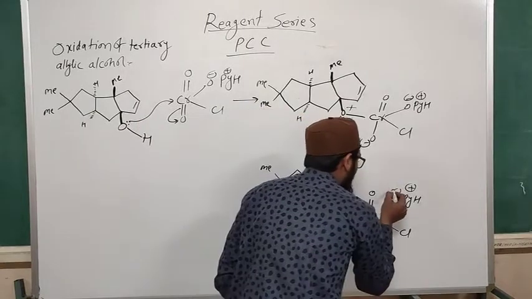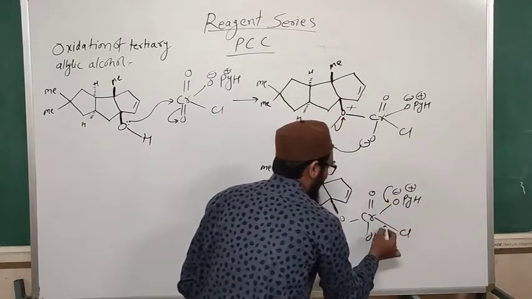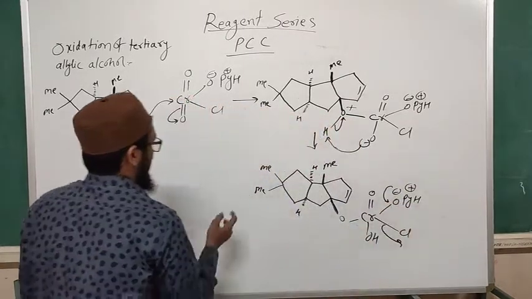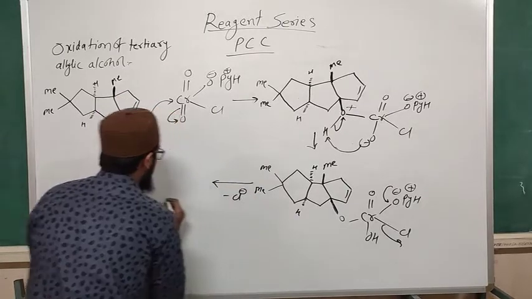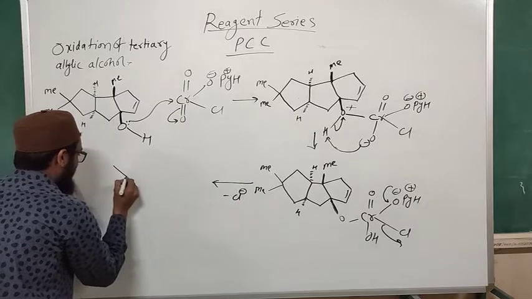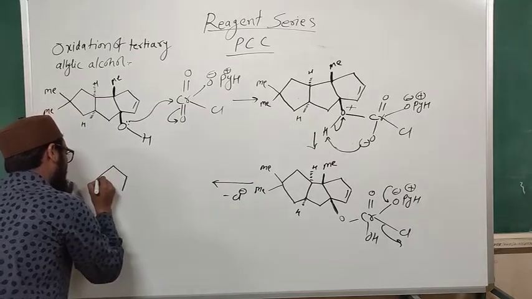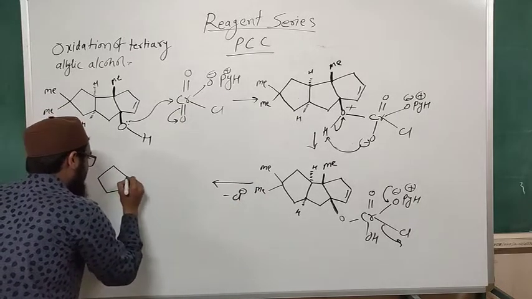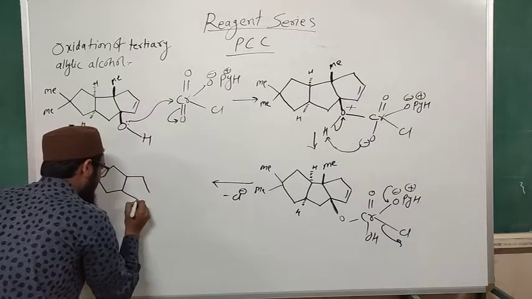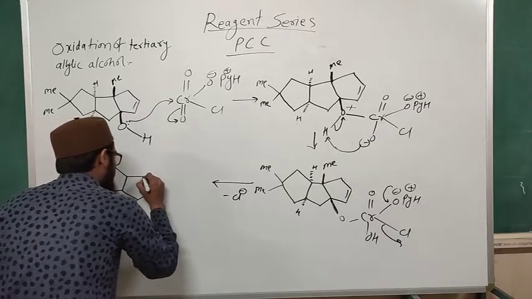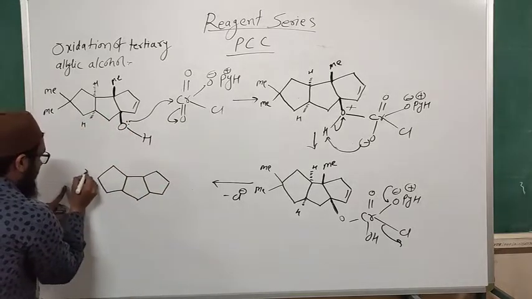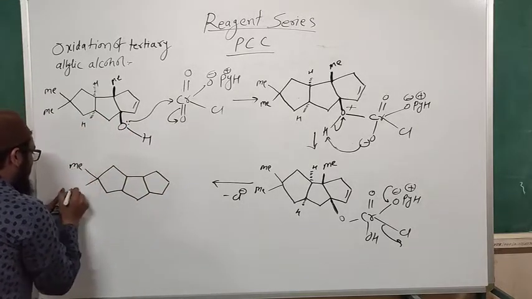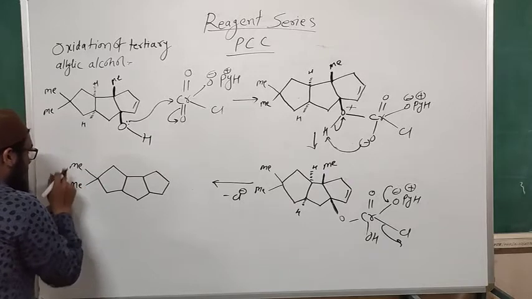Now what will happen in the next step, my dear brother and sister? Formation of chromate ester. It will come here and it will go out. Now let me write minus Cl negative and this structure as it is. 2 methyl here, 2 methyl here.